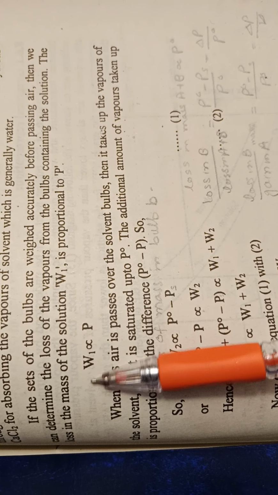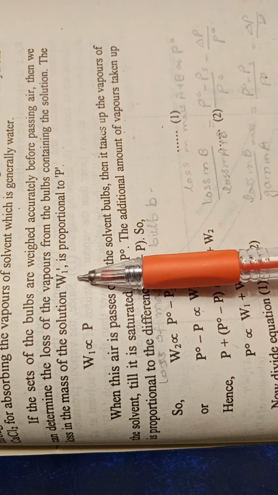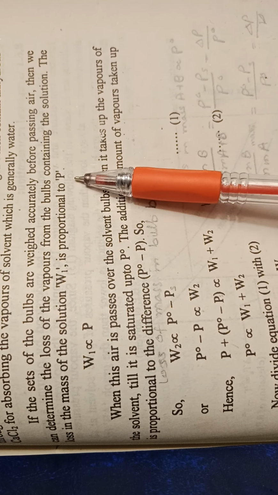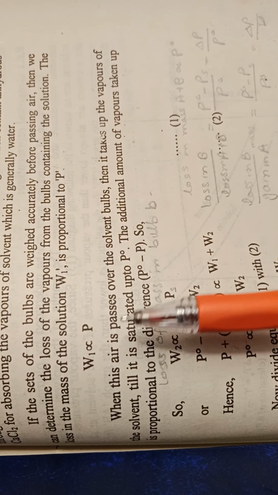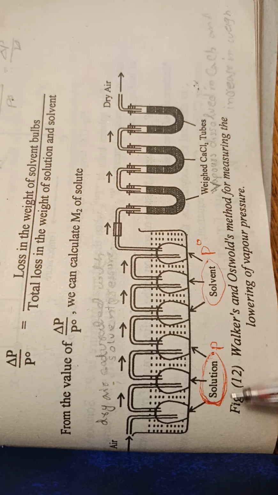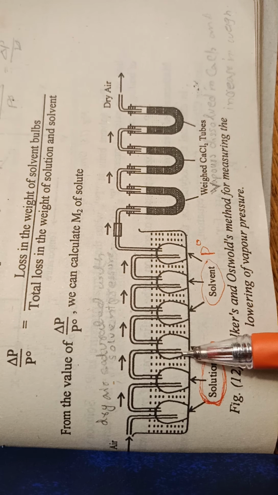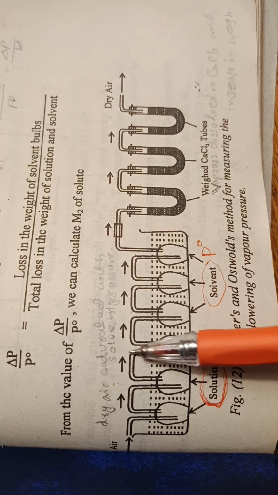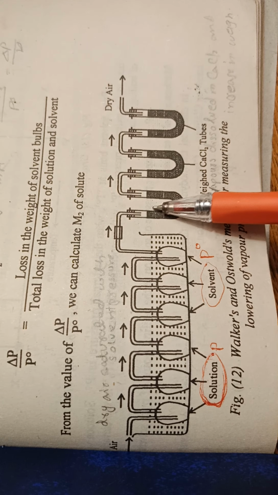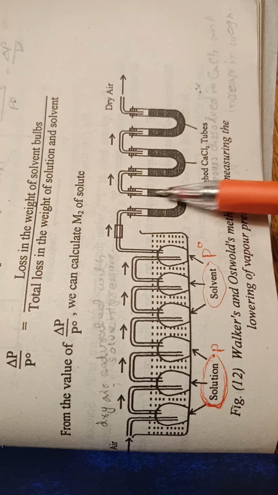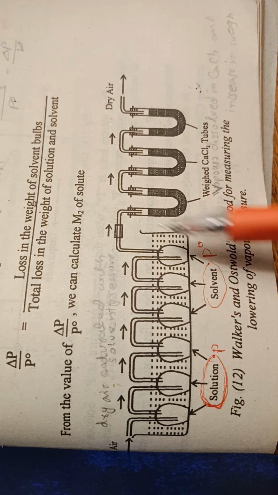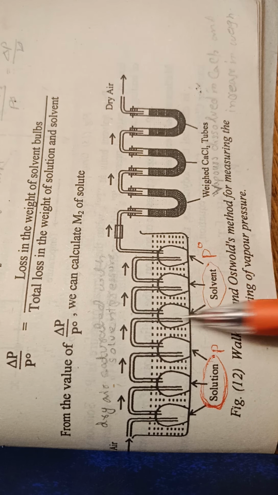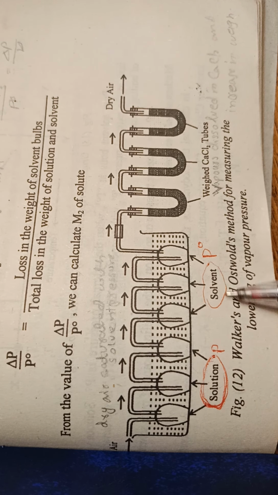The loss in the mass of the solution, W1, is proportional to P. Initially only the bulbs containing solution are used, connected directly to the U-shaped tubes without connecting to the bulbs dipped in the solvent.